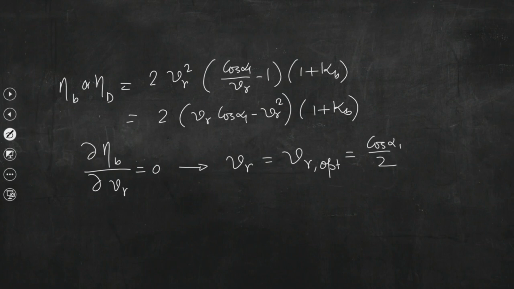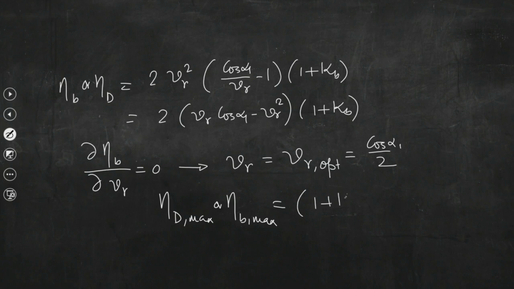And if we plug the optimum value of Vr into the expression of eta b, then we can write eta b max equal to 1 plus Kb into cos square alpha 1.